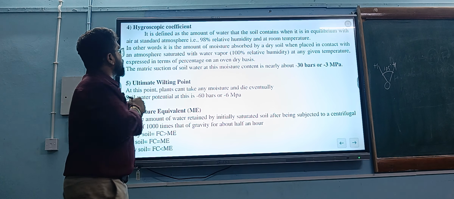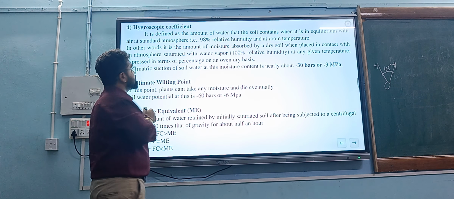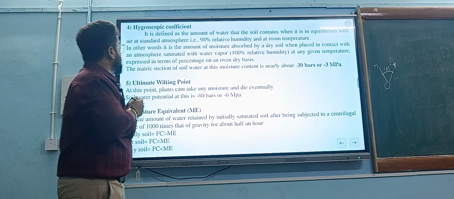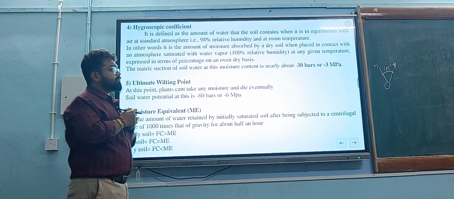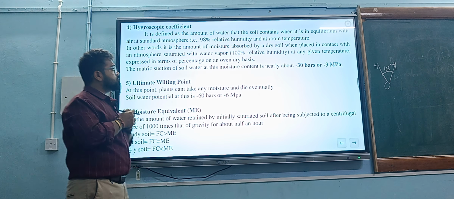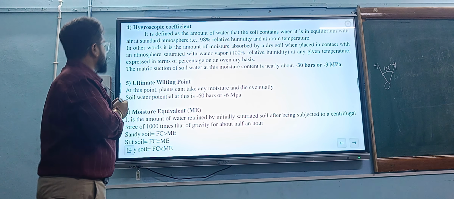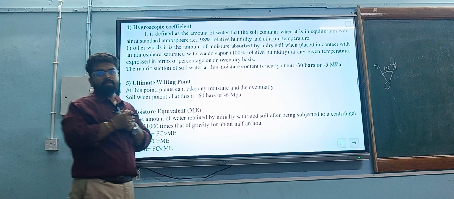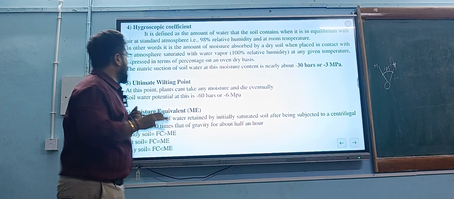Hygroscopic water is defined as the amount of water that soil contains in equilibrium with the standard atmosphere at 98% relative humidity at room temperature. In other words, it is the amount of moisture absorbed by the dry soil when placed in contact with an atmosphere saturated with water vapor of 100% relative humidity at a given temperature. The matric suction of soil at this moisture content is 3 megapascal or 30 bar. Remember, 3 megapascal or 30 bar.